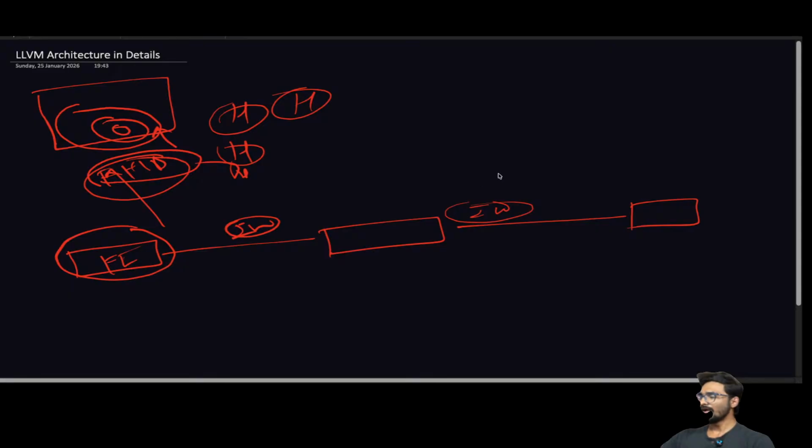If I want to modify the middle or back end, I just modify that part. If I want to change the back end, I don't need to take care of the front end. But in the earlier monolithic design, it was very difficult to reuse the components. That's how LLVM changed the game. This is why architecture matters. It increases code reusability and other things.